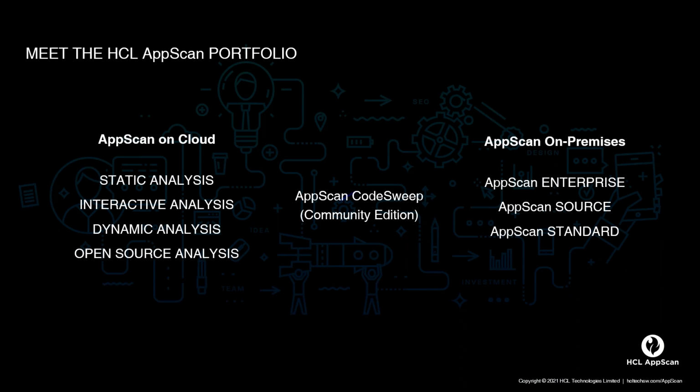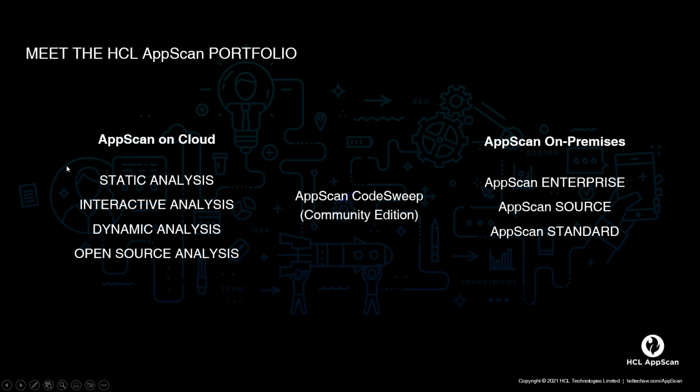Within the AppScan portfolio, we have two main pillars of capabilities and solutions. On the left, you see AppScan on Cloud, which is our cloud suite of capabilities, which includes static, interactive, and dynamic analysis, and open source analysis, which people sometimes call source composition analysis.